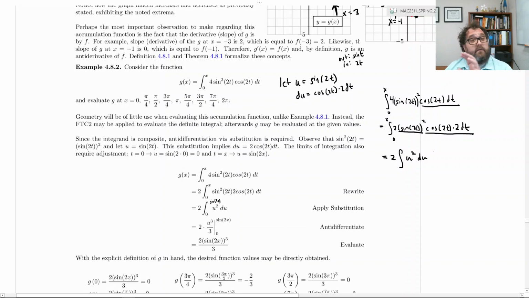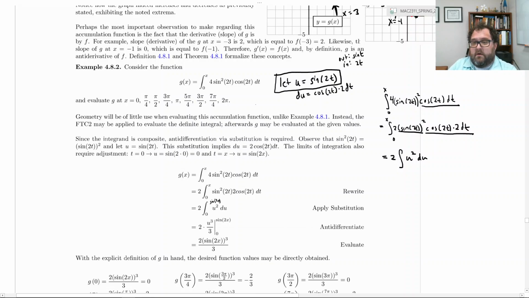Now, the one thing we can't forget, never can forget, is that we have to adjust the limits of integration. So, what was our original substitution? It was right here. Let u equal sine 2t. Now remember, what I have to do here is plug my original limits of integration into that function for t and then see what u equals.